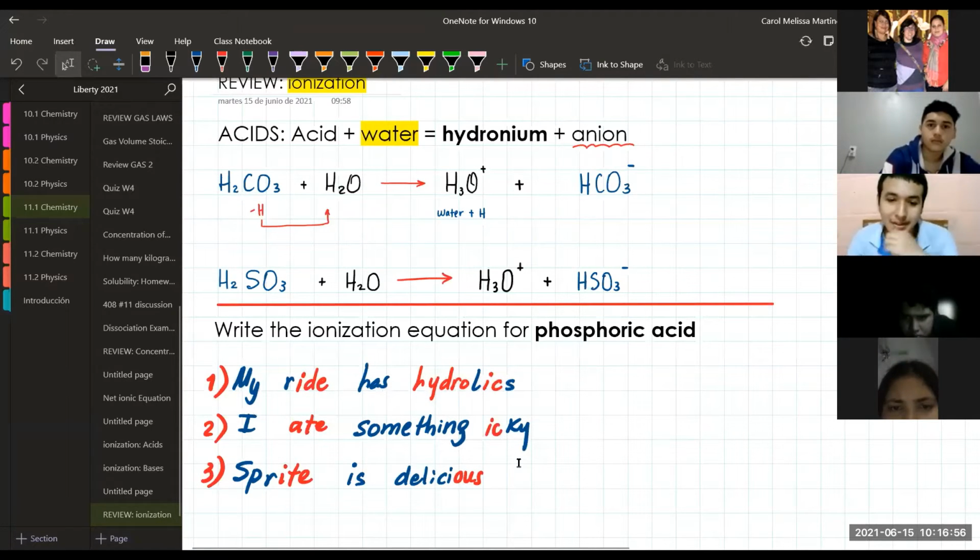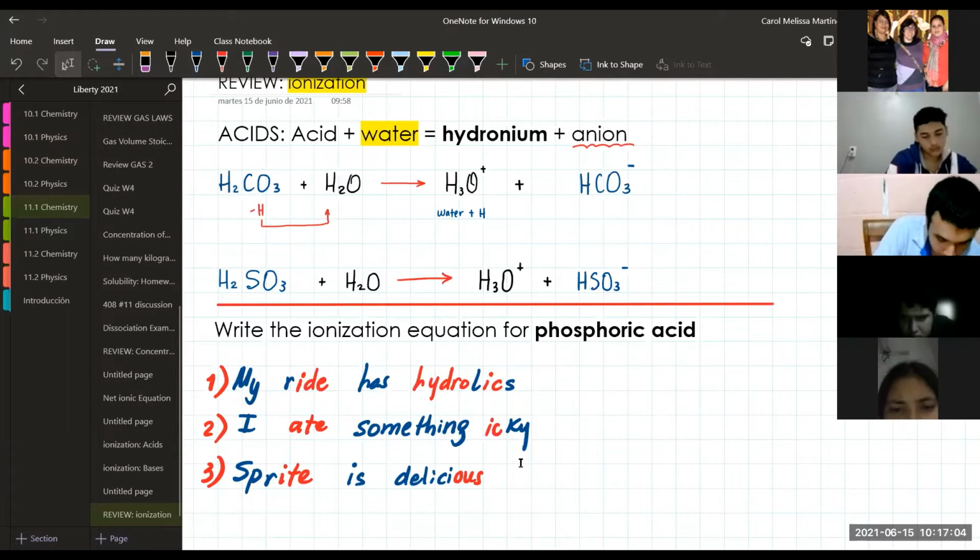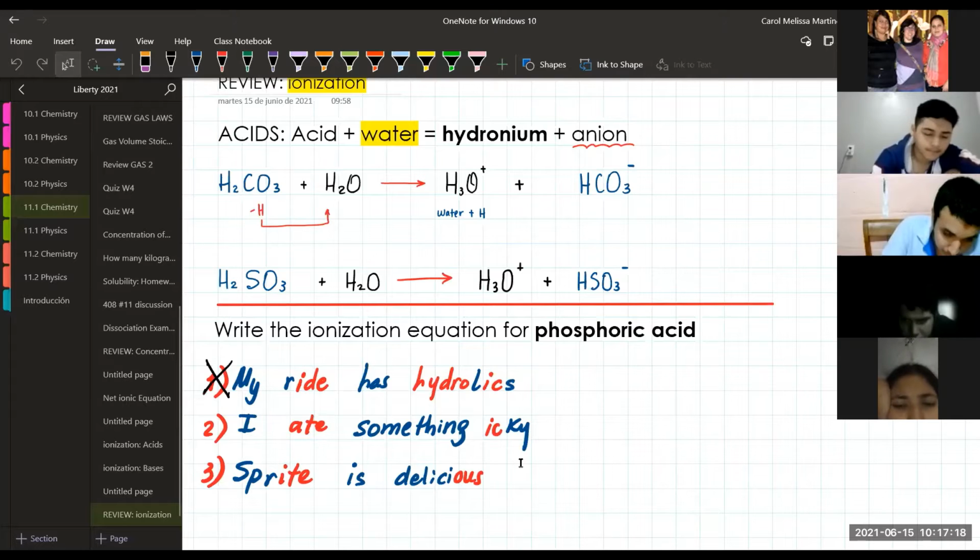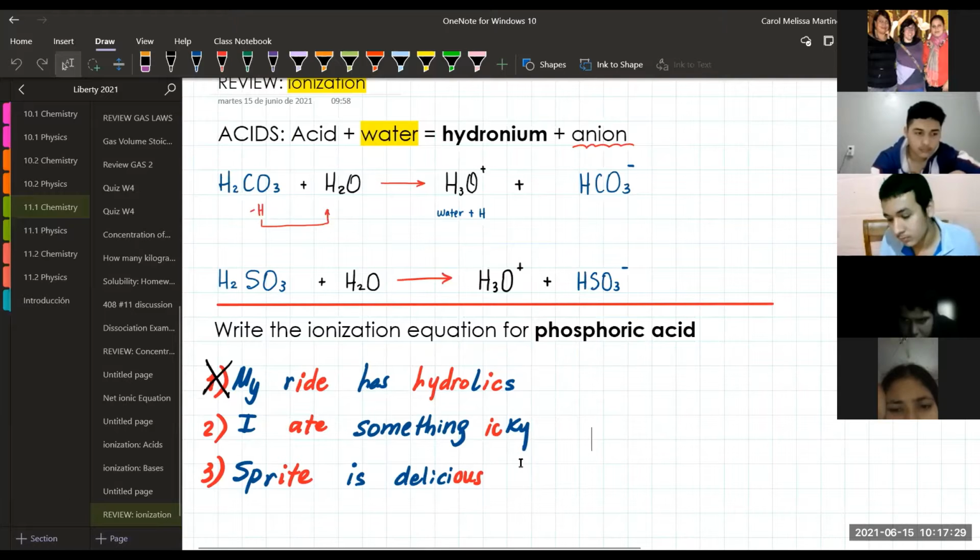So take a look. Phosphoric acid. You cannot use the first mnemonics because the first mnemonics involves the prefix hydro. There you don't have hydro, it just says phosphoric acid. So this means you cannot use the first mnemonics. Now the second mnemonics says "I ate something icky." Because phosphoric ends with ic and it doesn't have a prefix, you could use this one.